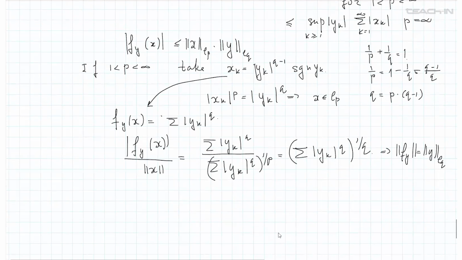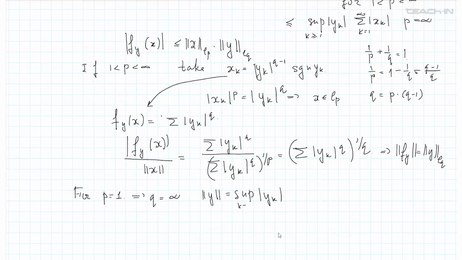But we considered only the case when p is not 1. For p equals 1, we have q equals infinity. So the norm of y is the supremum of absolute values of yk. Situation A: there exists an index k0 such that the absolute value of this coordinate just gives us the norm, so the supremum is a maximum.